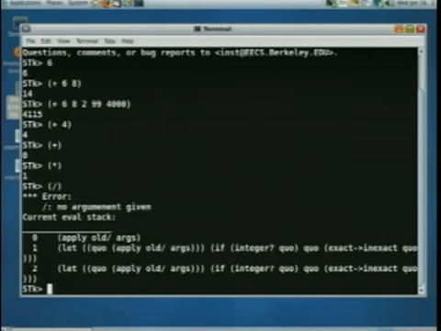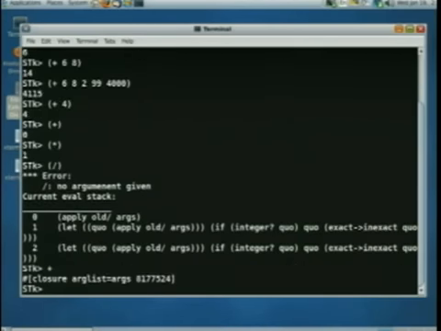How about if I just say plus, not in parentheses? Error? Nope. I know that looks like it might be an error message, but it isn't. This is the way that STk represents functions. So the value of the symbol plus sign is a function.